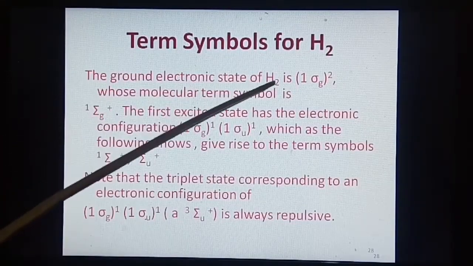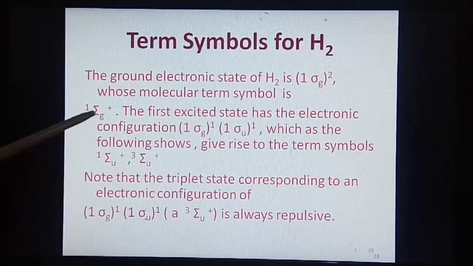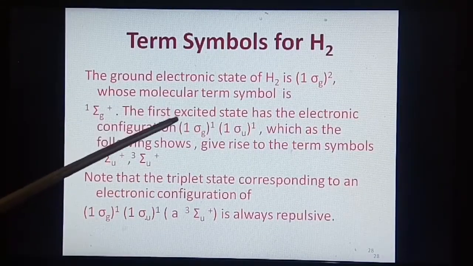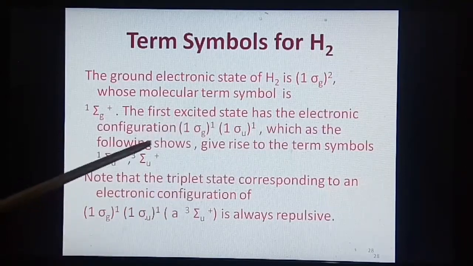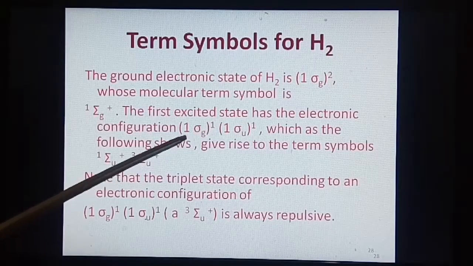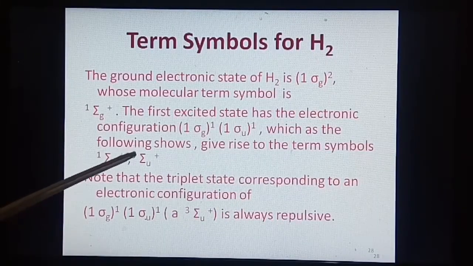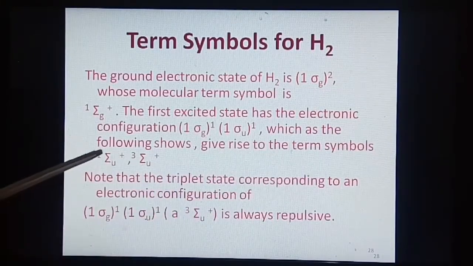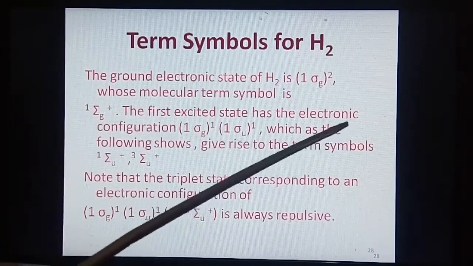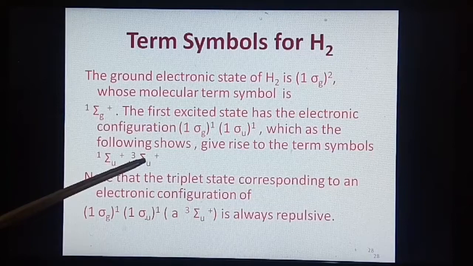The ground state electronic configuration of hydrogen is 1σg², whose molecular term symbol is 1Σg+. The first excited state has this electronic configuration. The electron will be shifted from 1σg to 1σu, which gives rise to the term symbols 1Σu+ and 3Σu+. So the first excited state of hydrogen has two molecular term symbols.